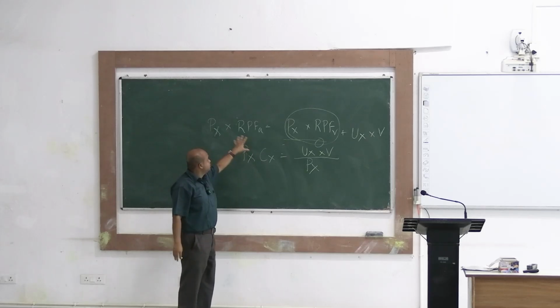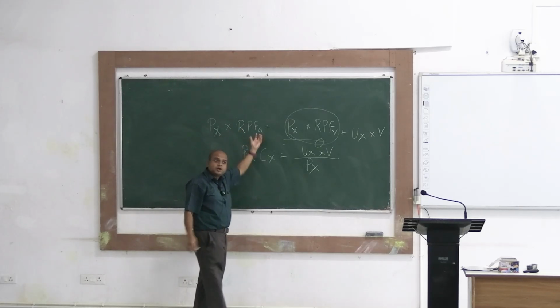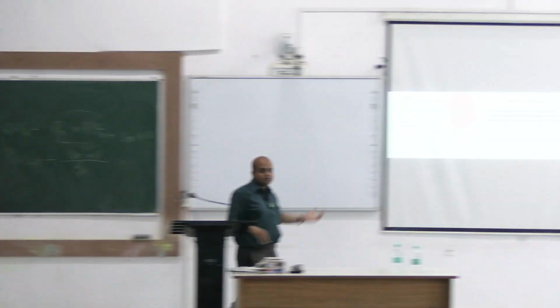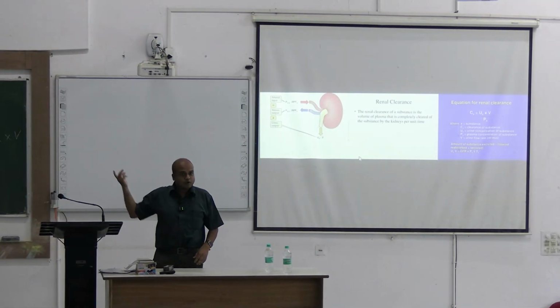That means whatever volume was entering through the renal artery, that volume is cleared, is the virtual volume of plasma. So, that is the volume of plasma which is cleared because the substance is wholly cleared.